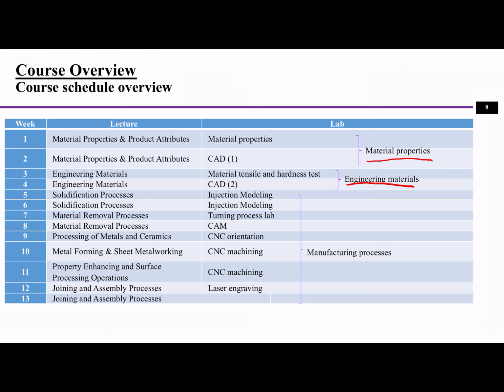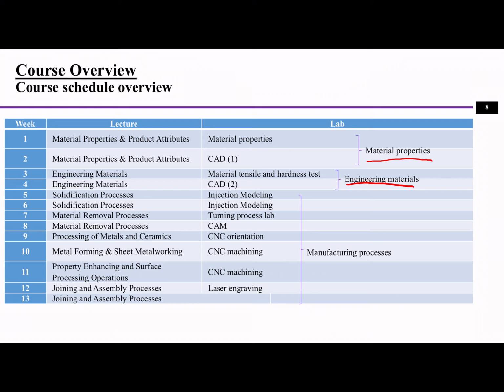So the first part will be the material properties and also engineering materials. Because in order to understand how the materials are used in manufacturing processes, and how the manufacturing processes can produce high quality products, you have to understand the fundamentals of materials and why materials behave that way.